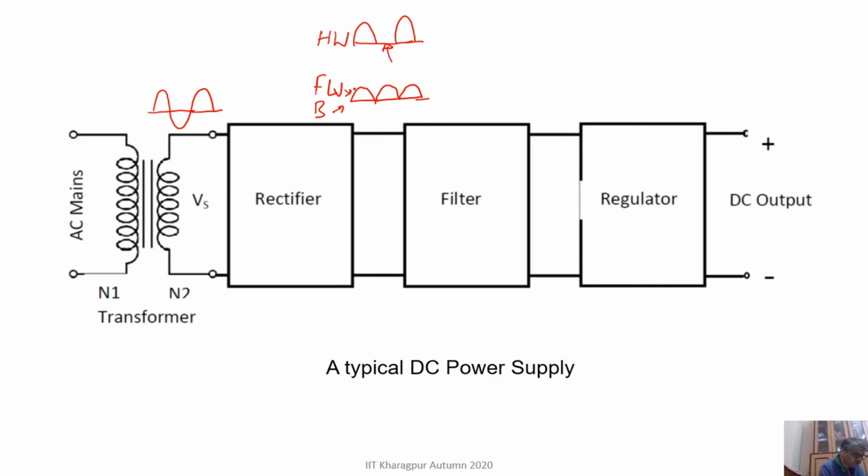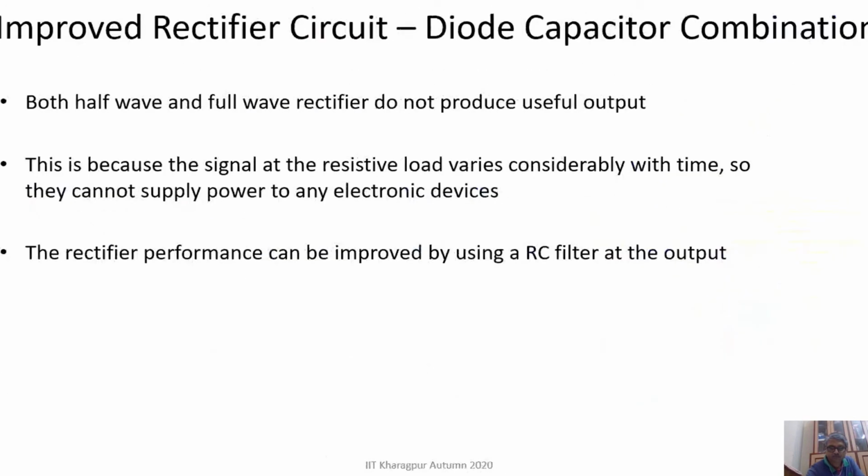So what we have to do is improve this rectified signal even further. One way of doing that is to use a circuit known as a filter. Let's go to this filter circuit and see how it works. That is basically our diode capacitor combination.